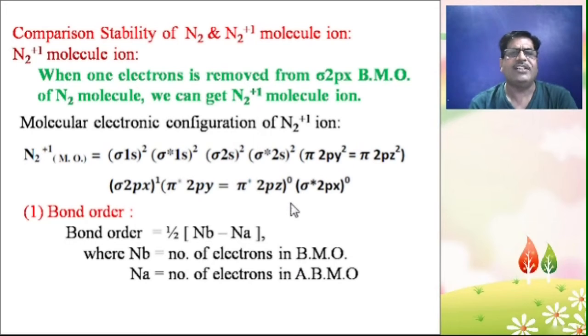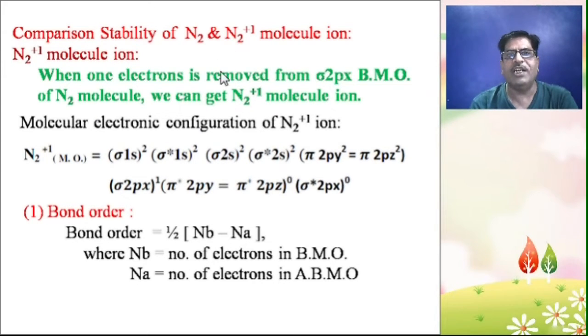Now let's compare the stability of N2 and the N2 plus 1 molecule ion. So how is the N2 plus 1 molecule ion formed? When one electron is removed from the sigma 2px BMO of the N2 molecule, we get the N2 plus 1 molecule ion.